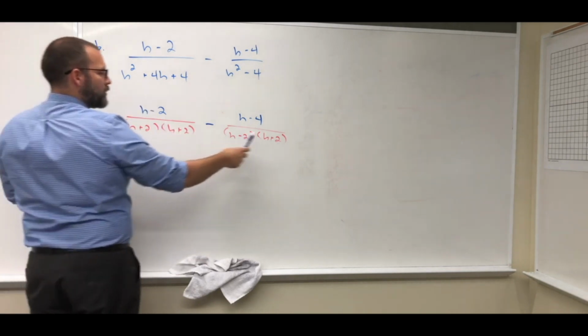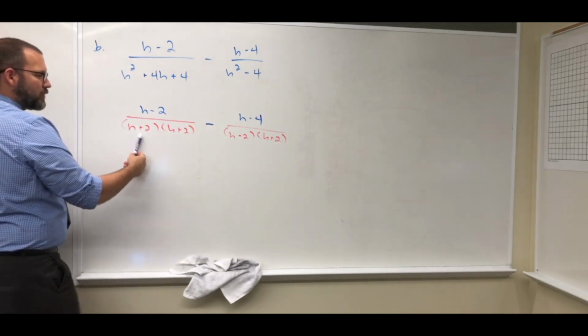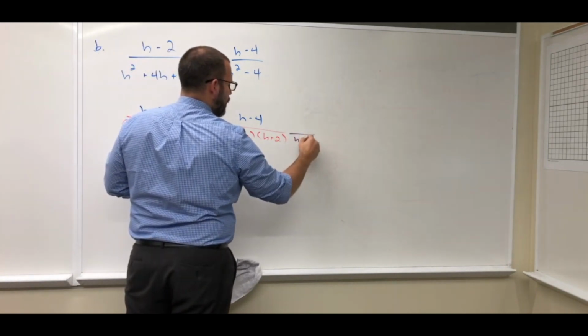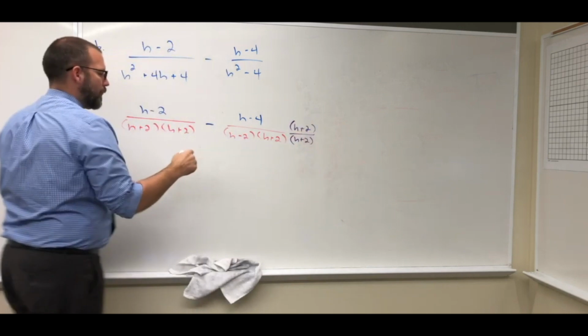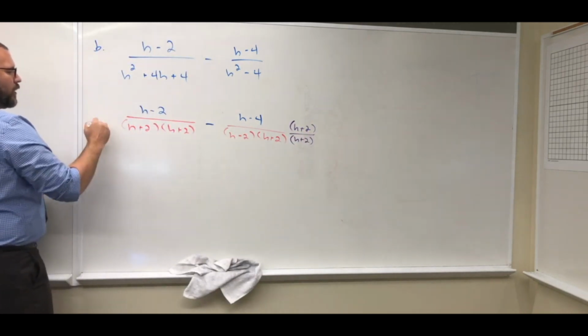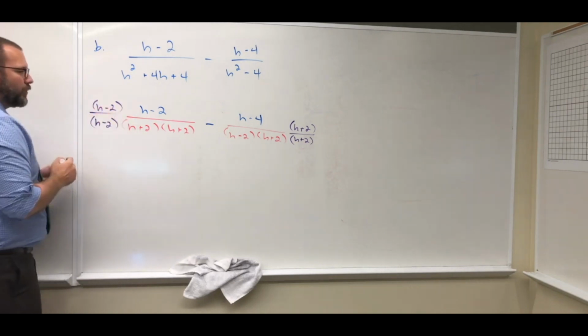All right, h plus 2, we have that in common, but this one has a second h plus 2 that this one does not have, so I'm going to multiply that in, and of course if I do it on bottom, I do it on top. And clearly this one has an h minus 2 that this one does not have. So I'm going to multiply that in, h minus 2, h minus 2.